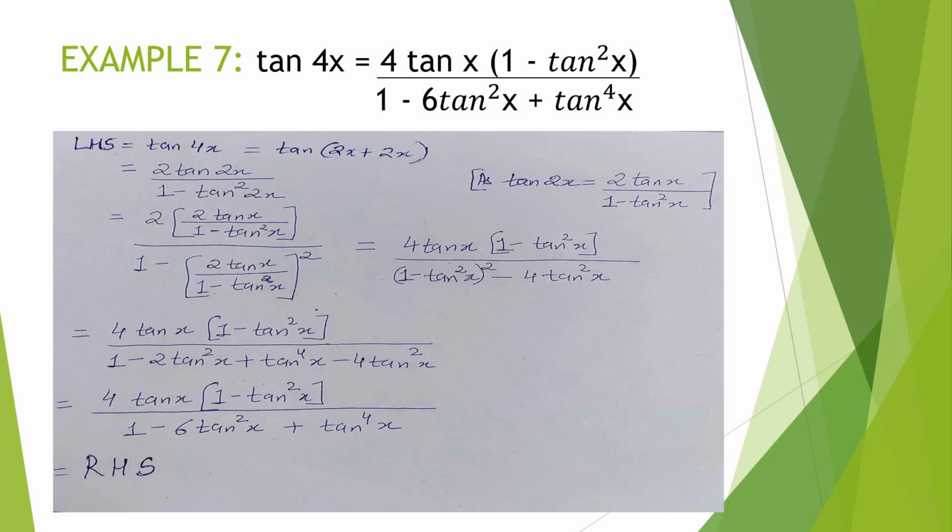And in the denominator, after taking the LCM, you will have 1 minus tan square x whole square minus 2 tan x whole square, which is 4 tan square x. So now the denominator we try to simplify. It is 1 minus 2 tan square x plus tan raised to 4 x minus 4 tan square x. This simplifies into 1 minus 6 tan square x plus tan raised to 4 x. So ultimately we get the right hand side.